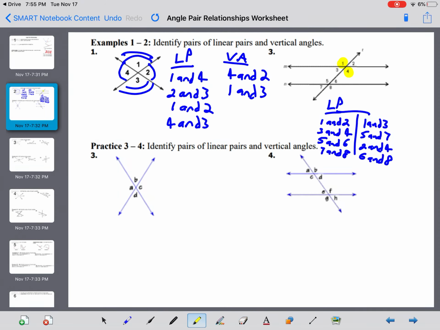Vertical angles, 1 and 4. We also have 5 and 8. And if we keep looking, we also have 2 and 3 and 6 and 7.